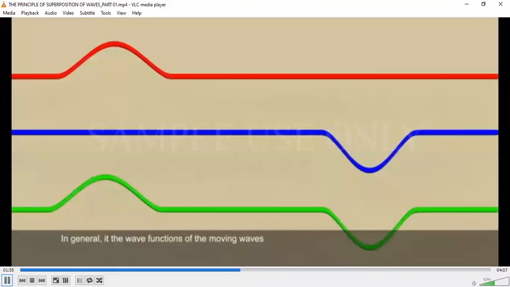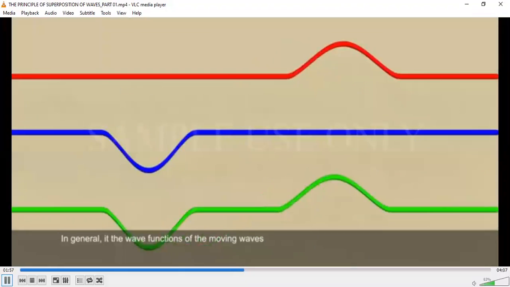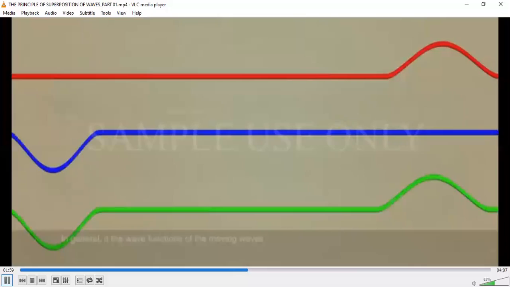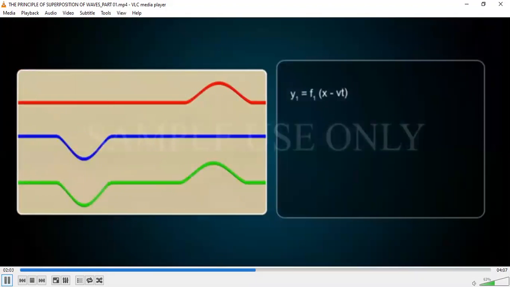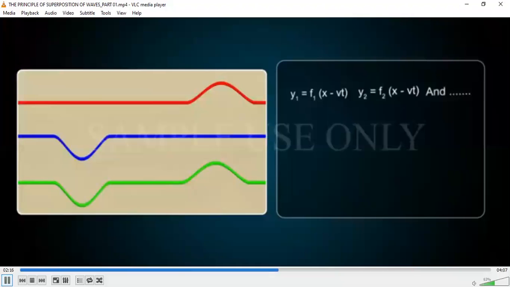In general, these are the wave functions of the moving waves. y1 equals f1 of x minus vt, y2 equals f2 of x minus vt, and so on, yn equals fn of x minus vt.